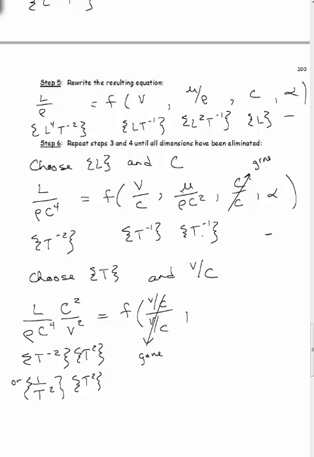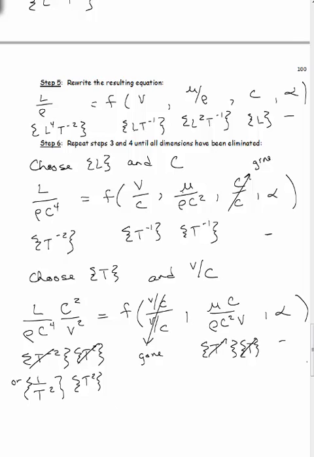Now we got to figure out what to do with mu over rho c. Well, this is t to the minus 1. That's the one we're using, so we can just divide. So mu c over rho c squared v is just dividing, and that's going to make it, we had t to the minus 1 times t. And then our alpha again is just going to stay. All these are now non-dimensional.